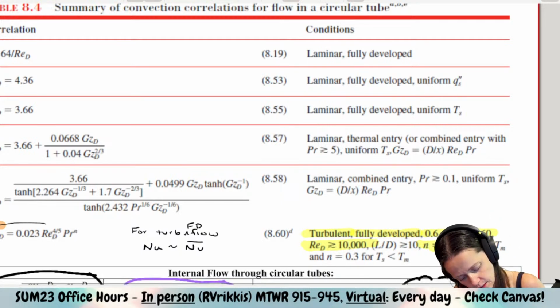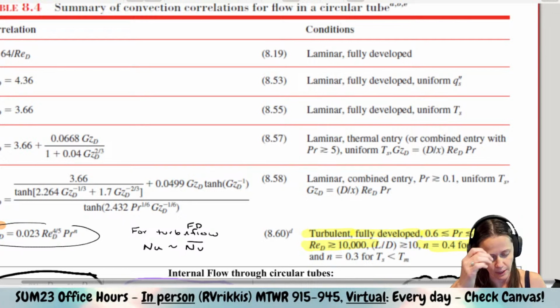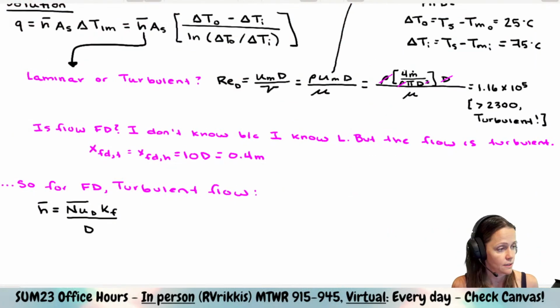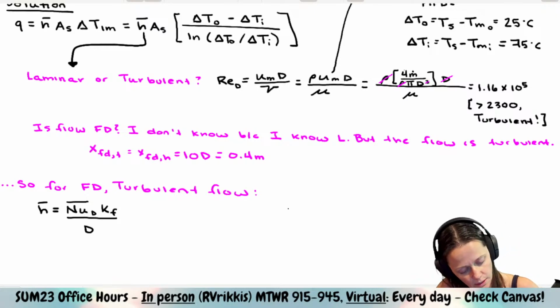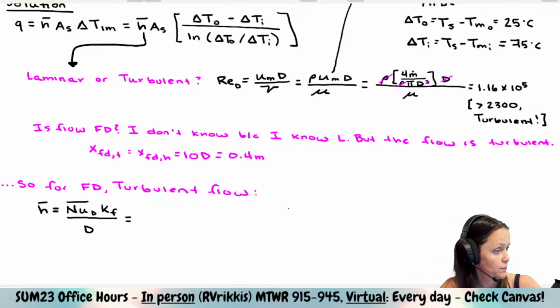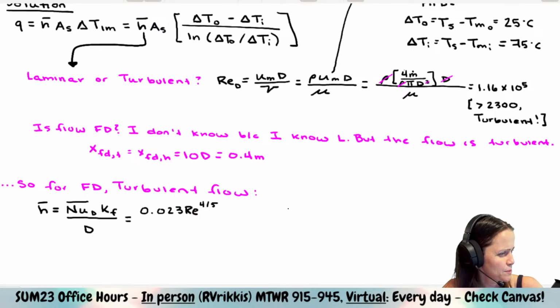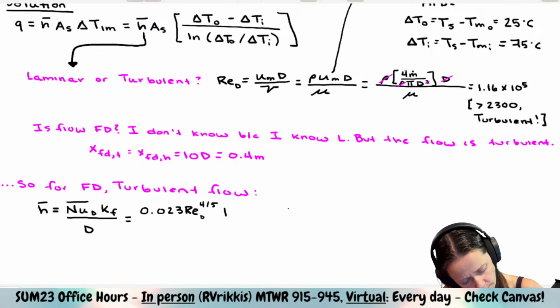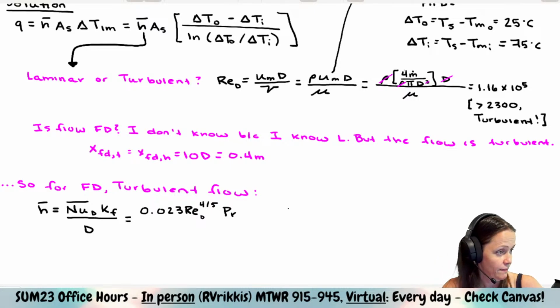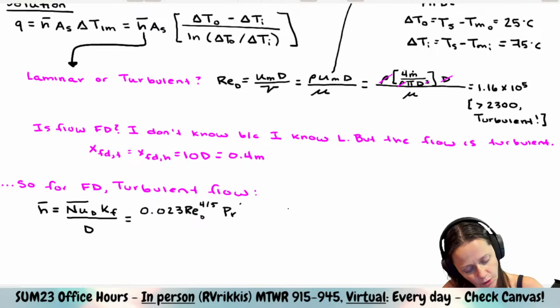So I've got this kind of ugly equation here, but that's okay. All right, so I'm going to copy that right off my equation sheet. 0.023 times our Reynolds number to the 4/5 times our Prandtl number, raised to the value n, and since we're heating, we're going to use a value of 0.4.